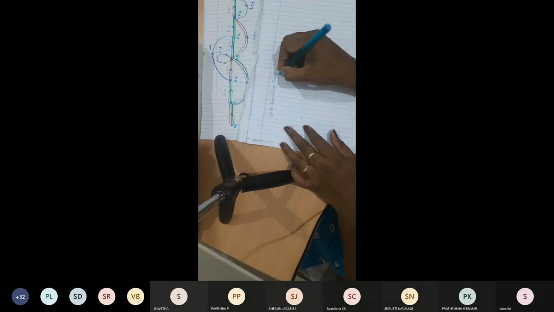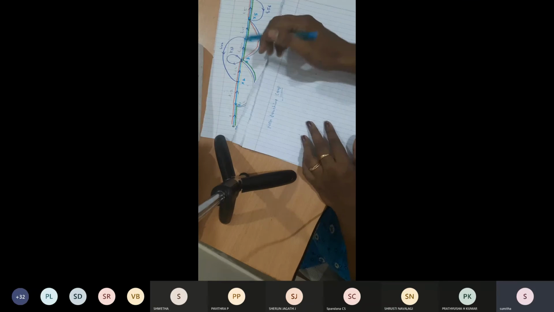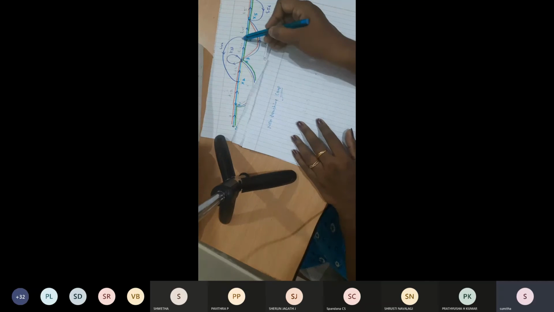Okay, next one is non-touching loop. Do you know what is a loop now? How many loops did we find out here? x2 to x3, x3 to x4, and then x2.